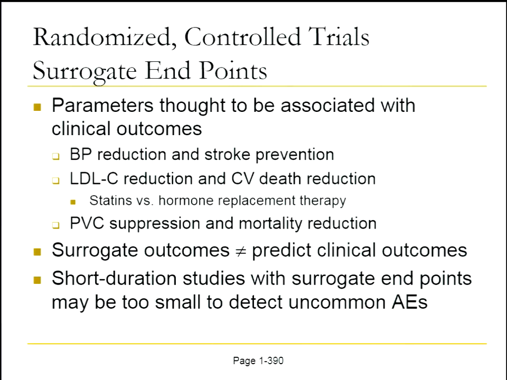That's an example of a surrogate endpoint that did not translate into a positive clinical outcome. So we have to be very careful in how we interpret these in our clinical trials, and not assume that these always are predictive of appropriate clinical outcomes.